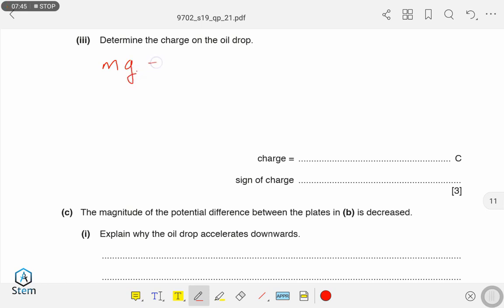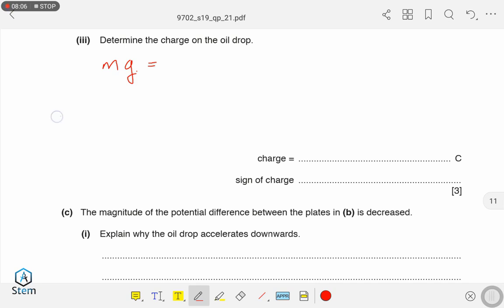But Millikan balanced this oil drop in the air by adjusting the voltage which was across the plates. This voltage across the plates created an electric force which was pulling the oil drop upwards.